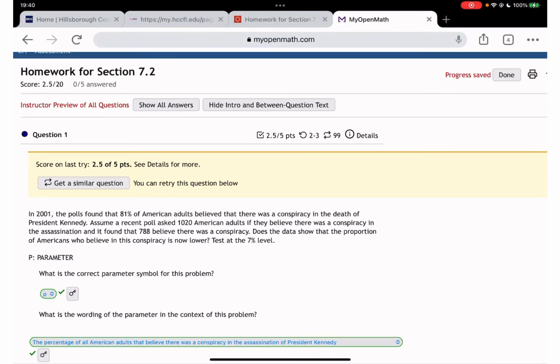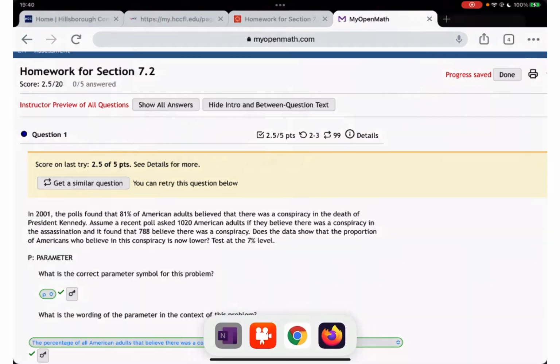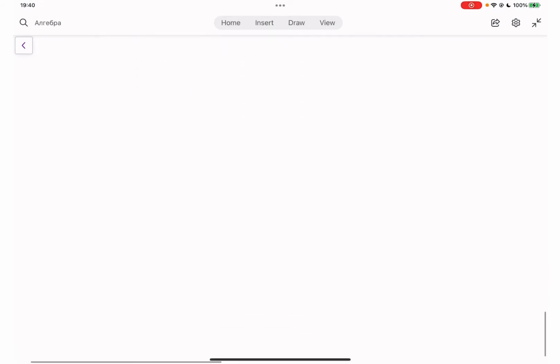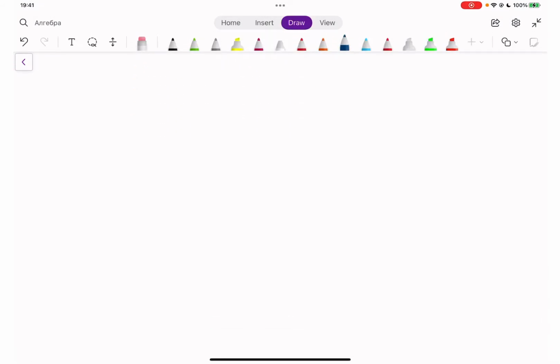No, I'm sorry. Here it is, 788 beliefs that there was conspiracy. 788 divided by 1020. 788 is our x, and we divide by our sample size, 1020.